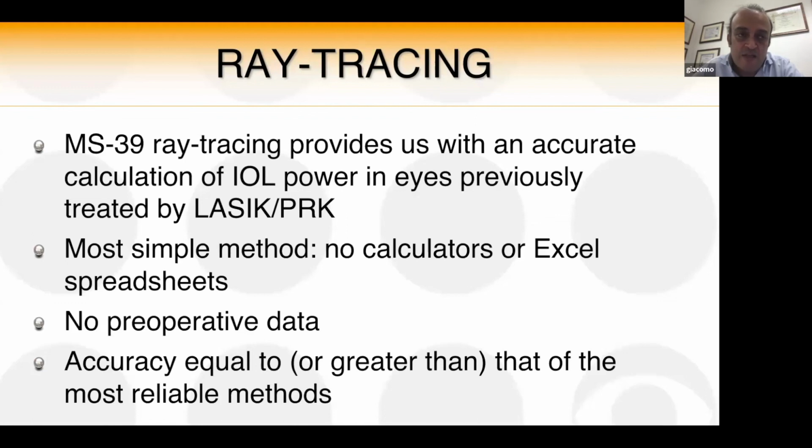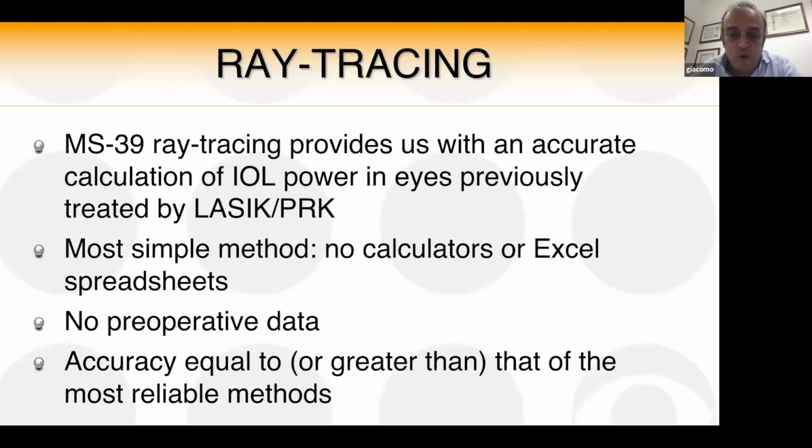Once you have entered the axial length measurement by your optical biometer, you just have to click adjust axial length on the MS39 software. So axial length is proportionally reduced.